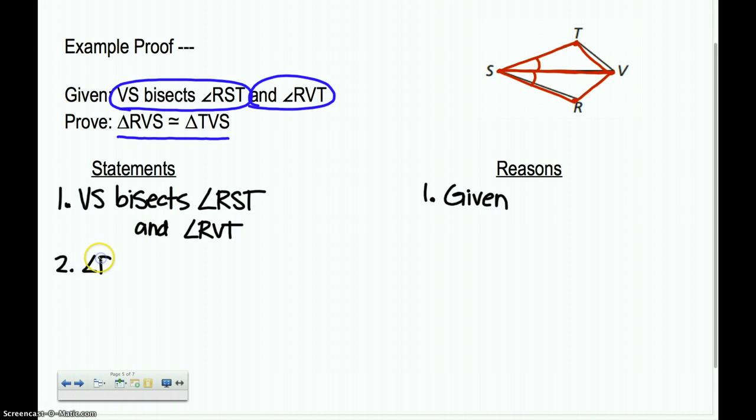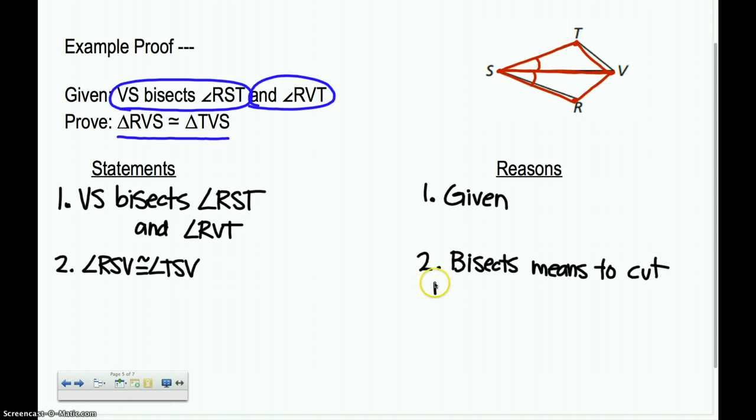Angle RSV is congruent to angle TSV. Okay? That's what bisects means. Bisects means to cut into two congruent halves.